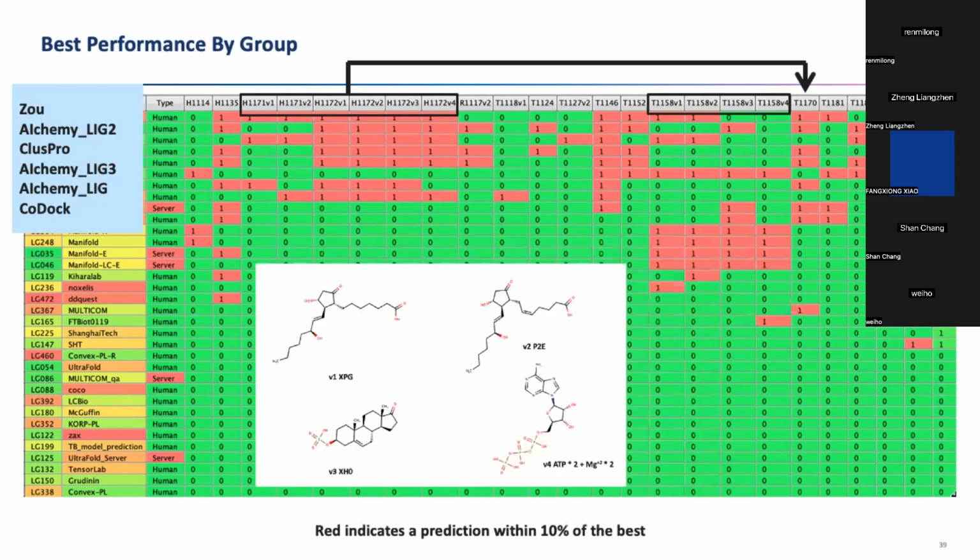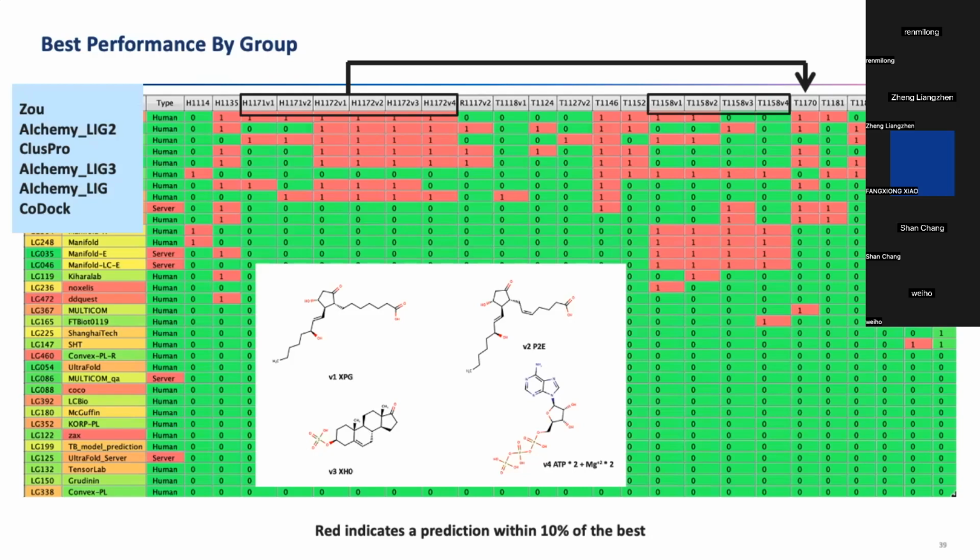The other one over here, this block T1158, V1 through V4, is 4 different ligands in the same protein. There are 2 prostaglandins there: prostaglandin E2 and an analog. There's this steroid. And then the protein also has 2 ATP binding sites.